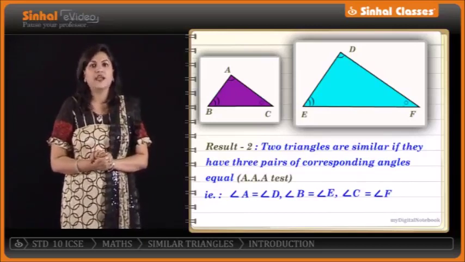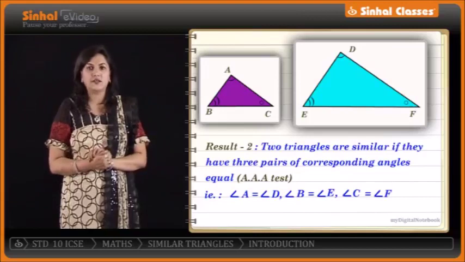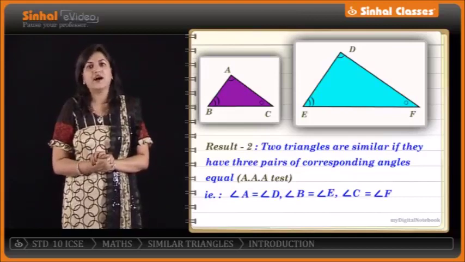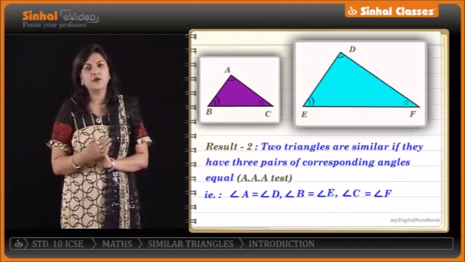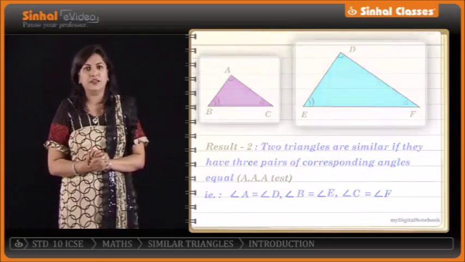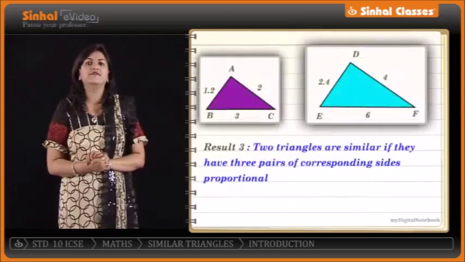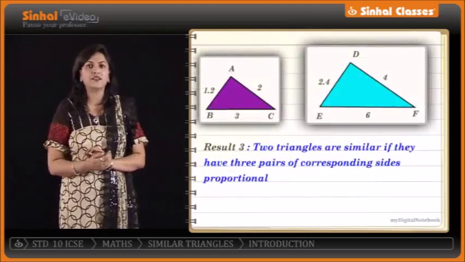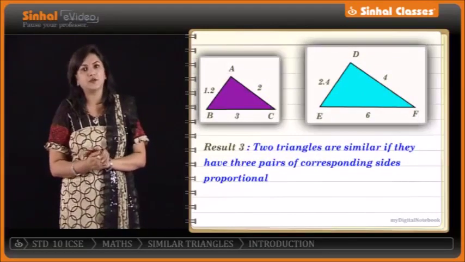Now when we are proving by AAA test of similarity, it is enough to prove that two angles are equal, because we know in a triangle the sum of all the angles is 180 degrees. So if two angles are equal to each other in the two triangles, then obviously the third angle has to be equal. Now two triangles will also be similar if they have the three pairs of corresponding sides proportional.